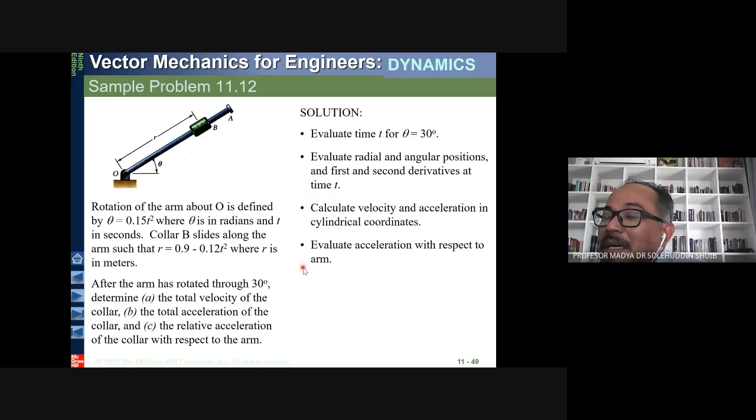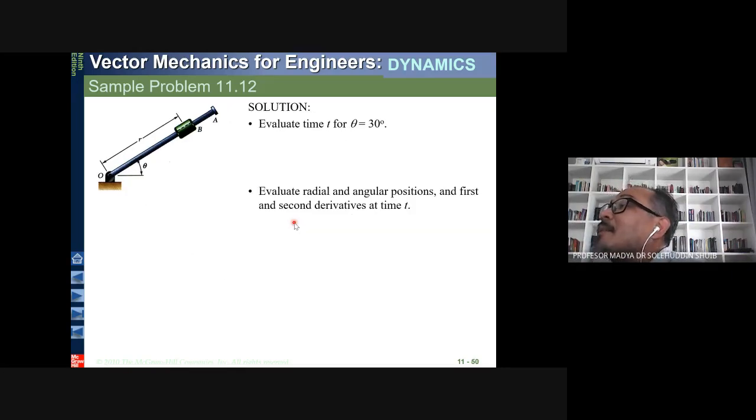So the concept of relative motion is important. This is the solution, step by step. You can do this one on your own: evaluate t for theta equal to 30 degrees, and evaluate the radial and angular positions.